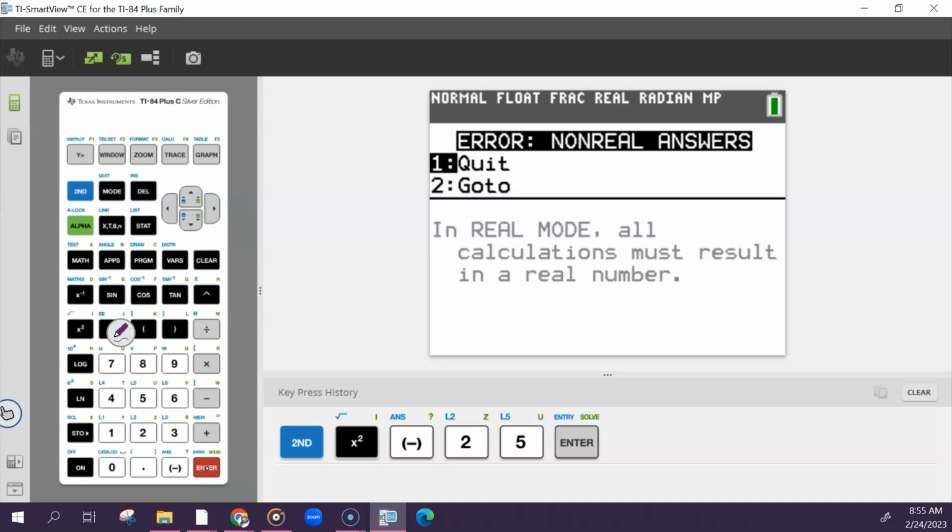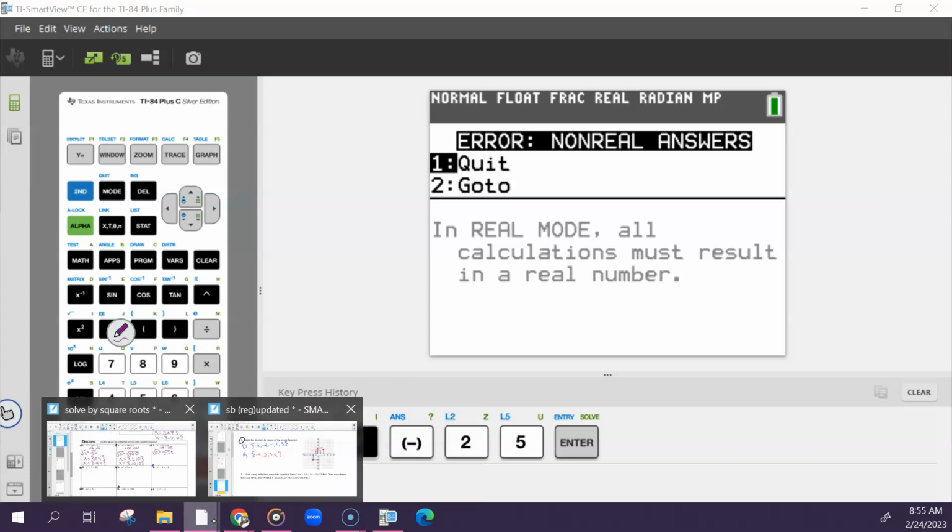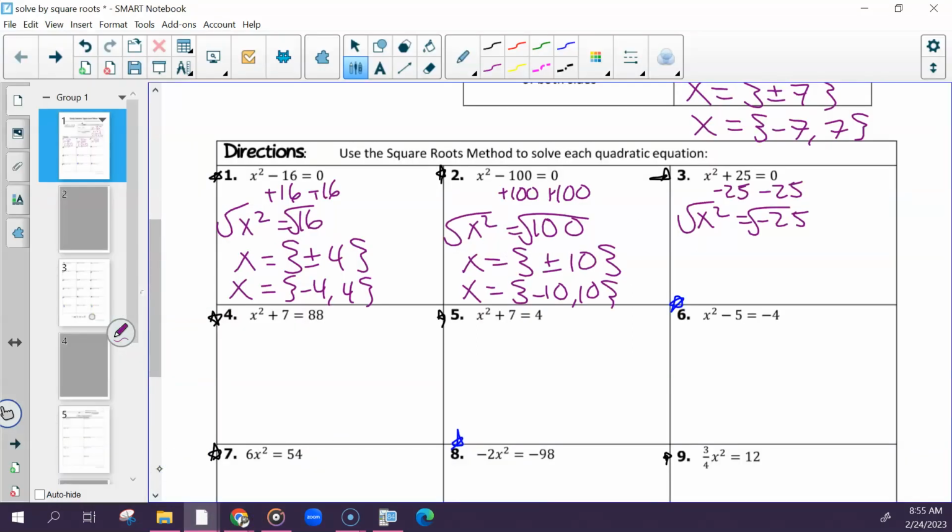Anytime you try to take the square root of a negative number, you'll get this. You cannot. Not until algebra 2, anyway. You talk about imaginary numbers. So when you get something that has a negative inside the square root, your answer is no solution. That is the only time you don't do the brackets.